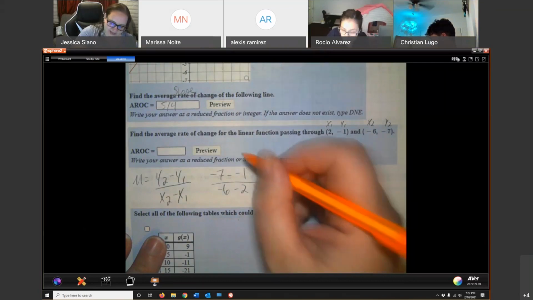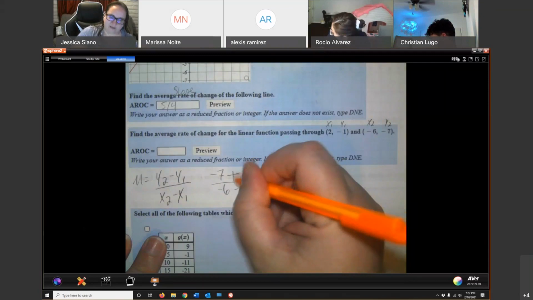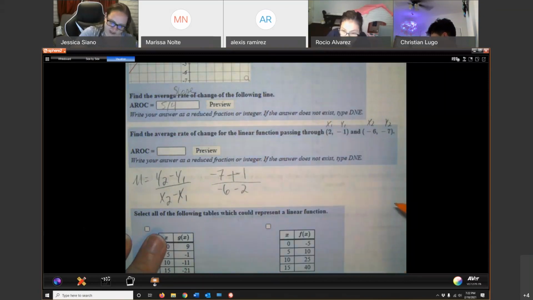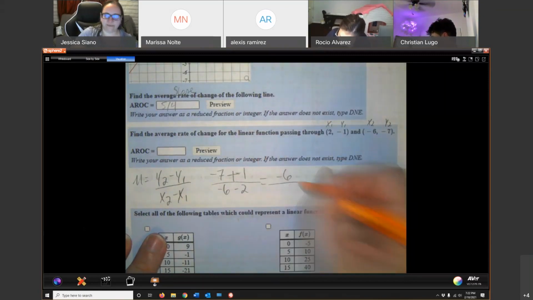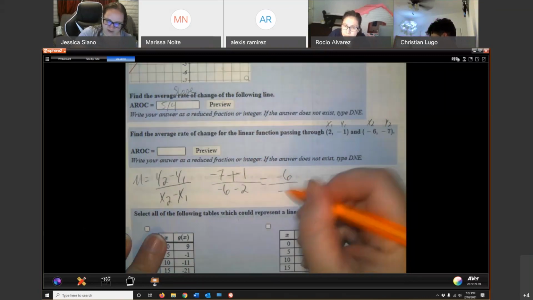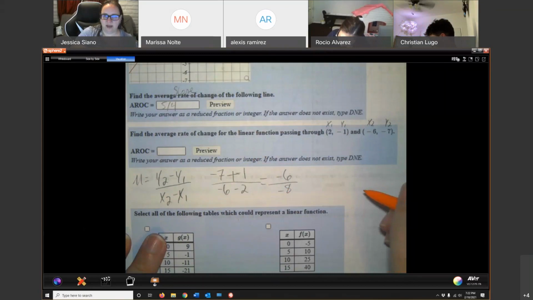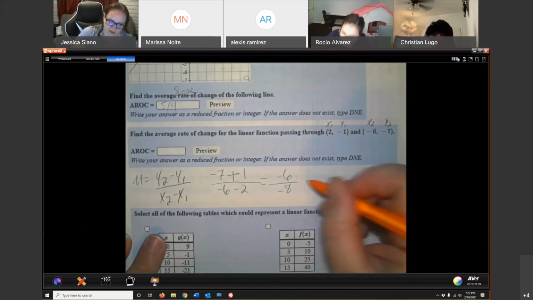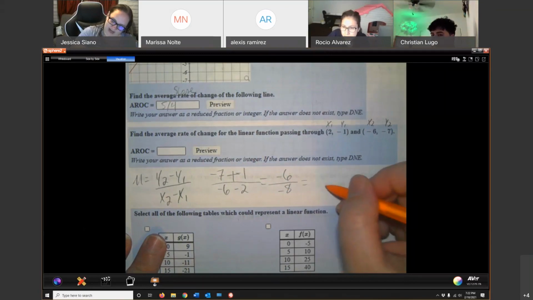Then -7 minus -1 becomes -7 plus 1, which is -6. And -6 minus 2 becomes -8. They're asking for a reduced fraction, so I can reduce numerator and denominator by -2, which would make it 3 over 4.